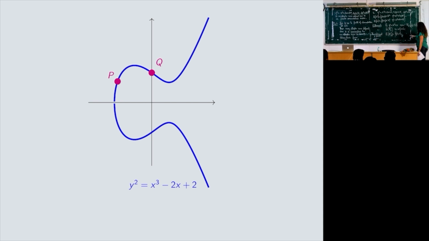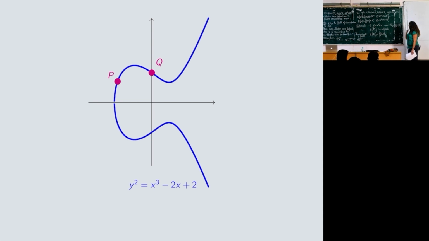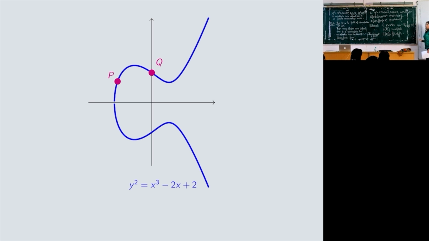Do we have an element in F3 that when we square we get 2? No. Okay. So for 1 we don't get anything. What about 2? From 2 we get 2 cubed, which is 8, plus 2 is 10, so it is 1, and so we have (2, 1) and (2, 2). Okay?